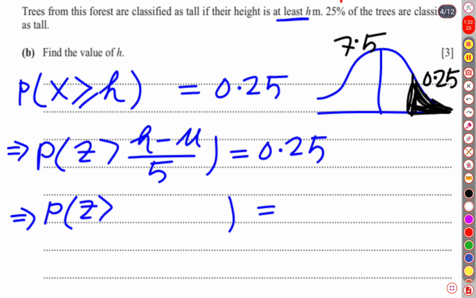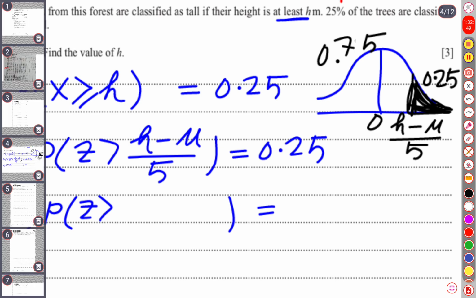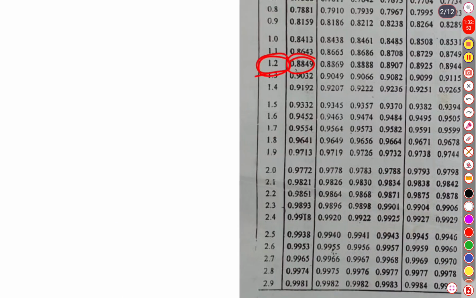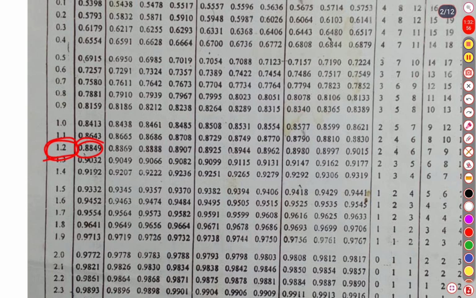So let us find it when the probability is 0.75, and the sign of the z-score is positive because it is lying on the right side. Let us see 0.75.